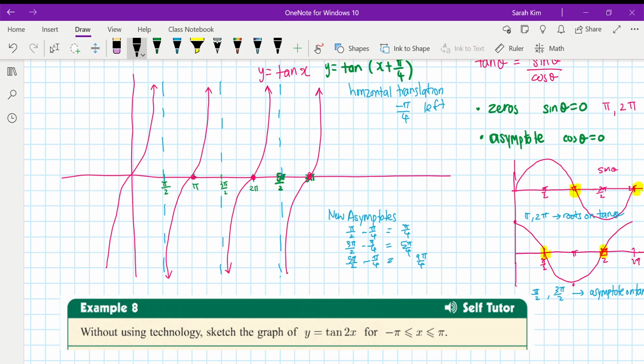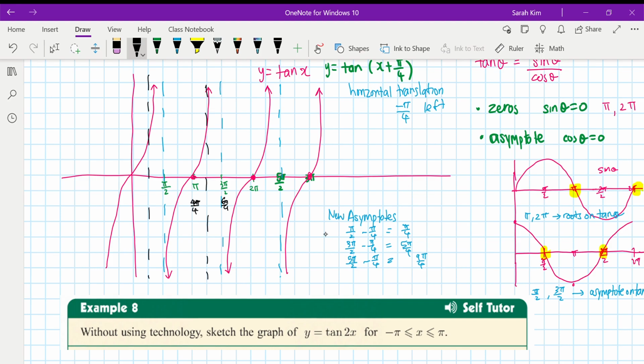Pi over 4 will just be halfway between pi over 2 and 0, because it's half of that. 5 pi over 4 will be approximately between, so that'll be 4 pi over 4, that'll be 6 pi over 4, so it'll just be right here.